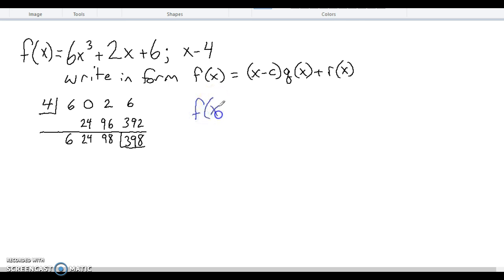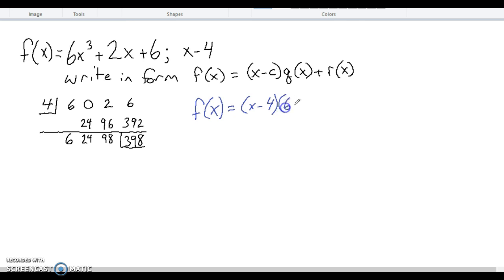So we have f of x is x minus c times q of x. Well, I said these are the coefficients, which means if we're counting from the right, 98 is our constant, 24 is our x term, and 6 is our x squared term.